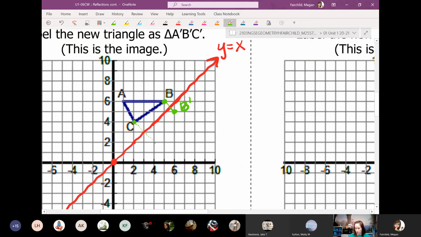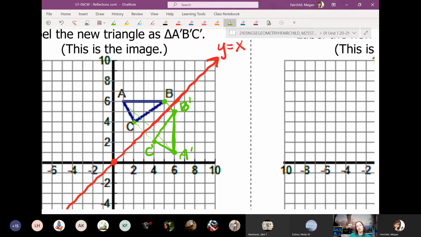So C prime will be one more diagonal on the opposite side. And then A is 2.5 diagonals away, so A prime is going to be 2.5 the other direction. Okay, once I have those 3 points, I can draw my shape. And there I have my reflected image.